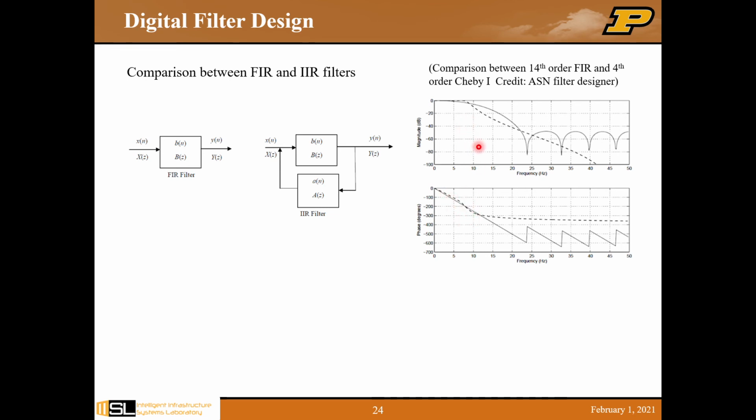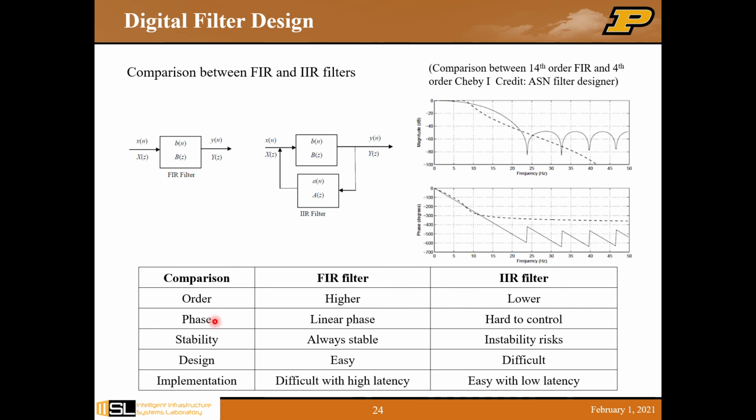But the good thing is that to obtain the comparable performance, the IIR filter only needs 4th order, but the FIR filter needs 14th order. The order is much higher in FIR compared to IIR filter. In more detail, I put everything into the table for your information.